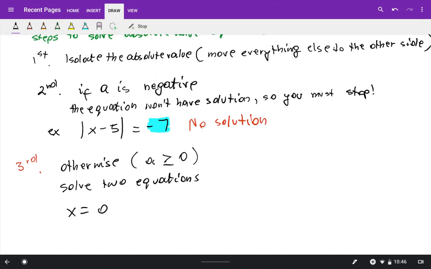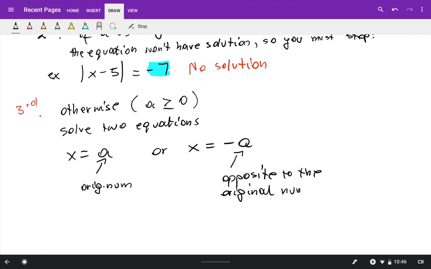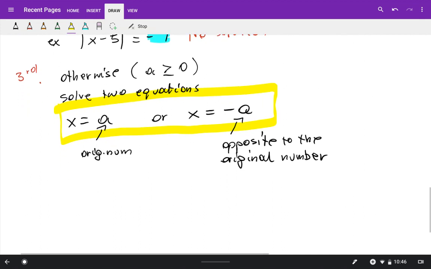x equals a or x equals the opposite, -a. Okay, a is the original number, and this is the opposite of the original number. So again, before you start solving two equations, it's super important that you isolate that absolute value.